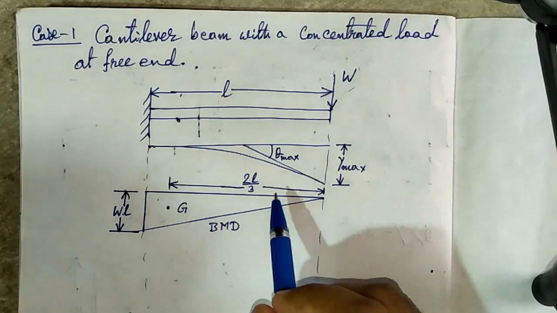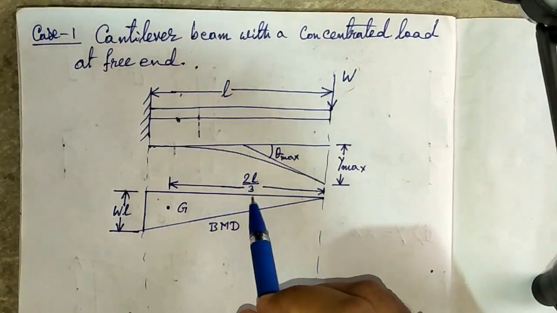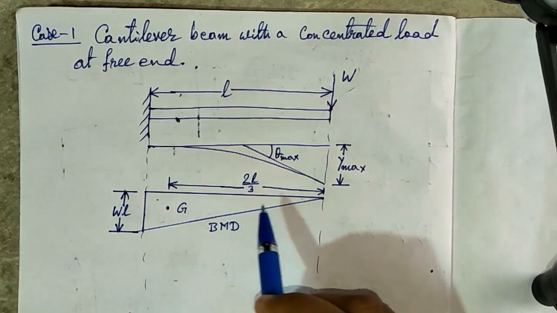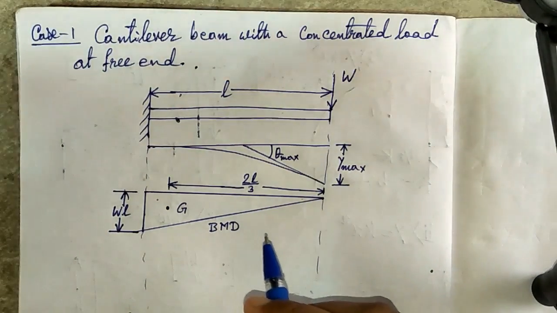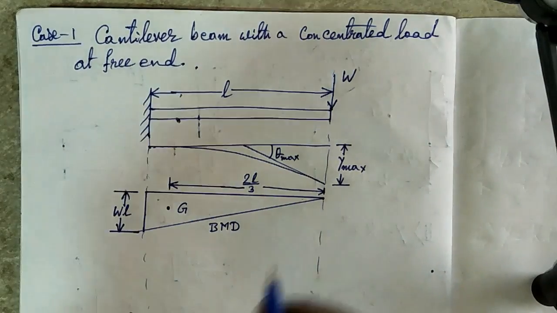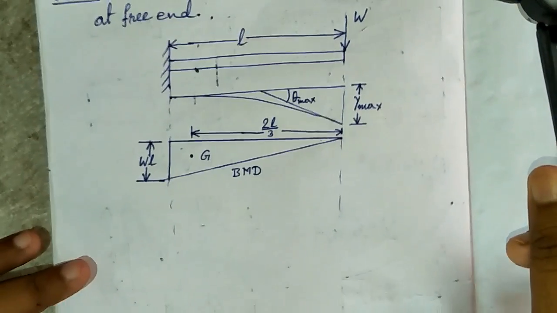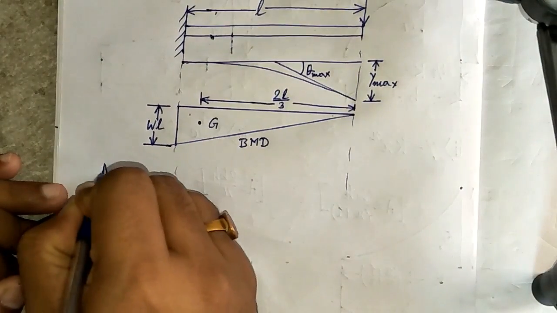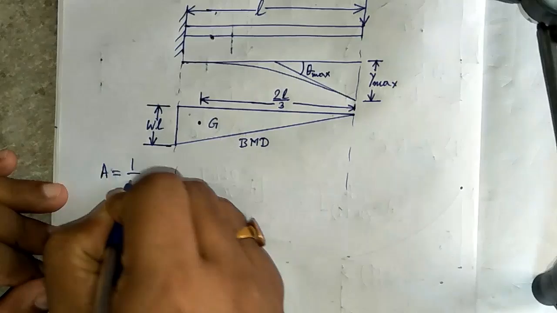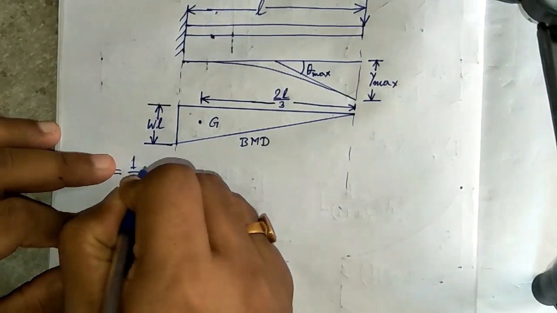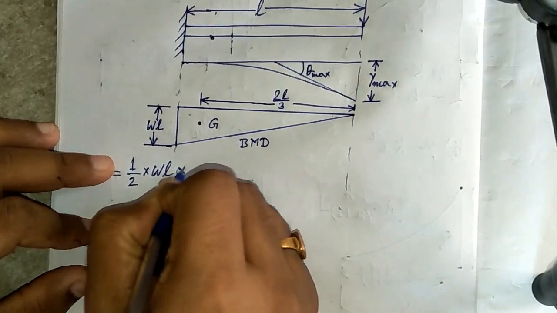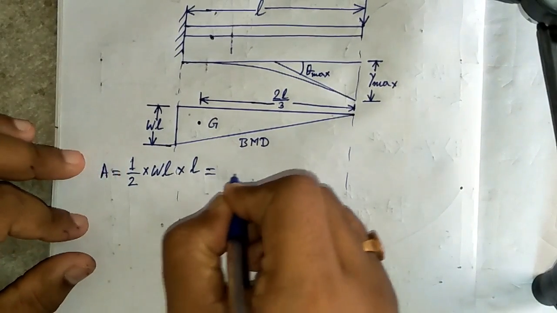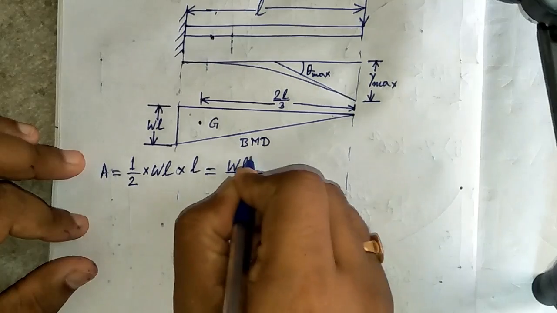From the formula theta max equals A by EI, we know this is the slope. First find the area of the bending moment diagram: half into WL as the base, into L as the height, which becomes WL square by 2.